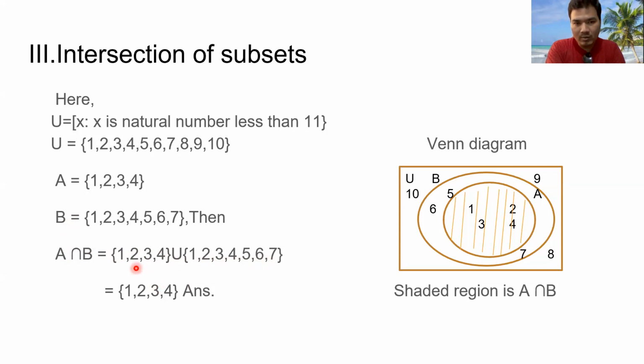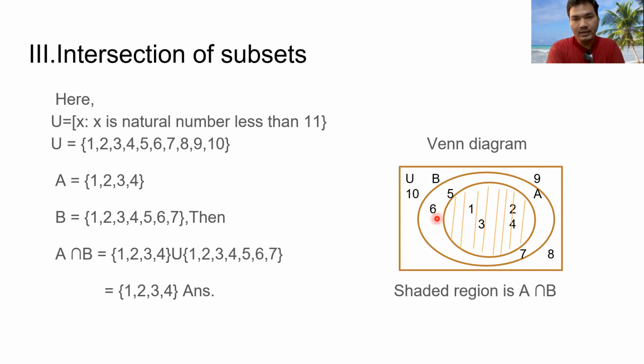When you find the common elements, 1, 2, 3, 4 is common, and the shaded region is A intersection B. This is A, all elements of A, 1, 2, 3, 4. The elements of B are 1, 2, 3, 4, 5, 6, 7. The elements of set A lie in set B.